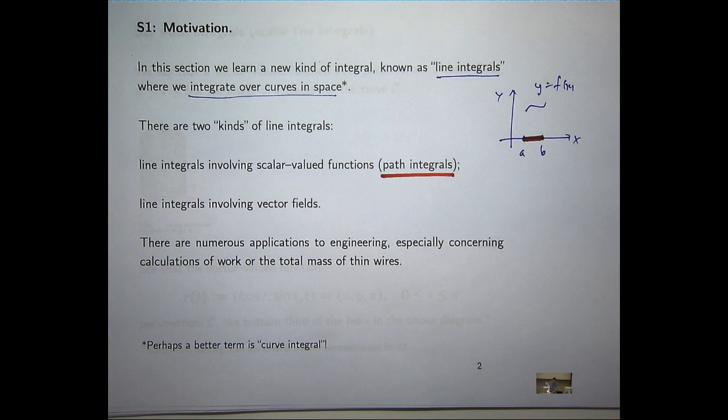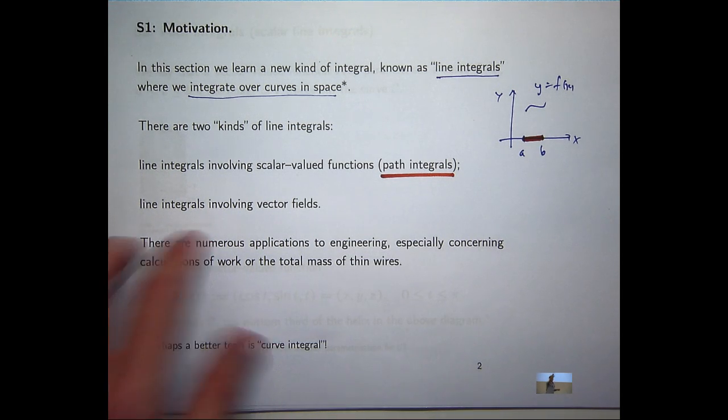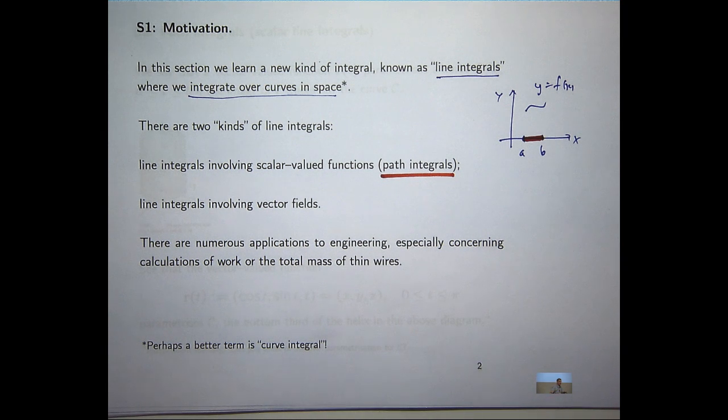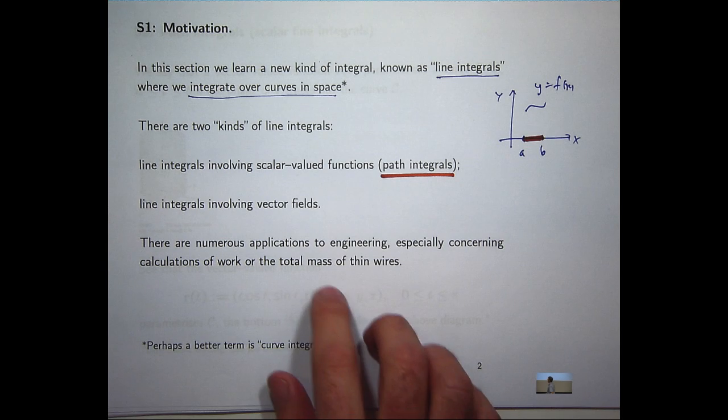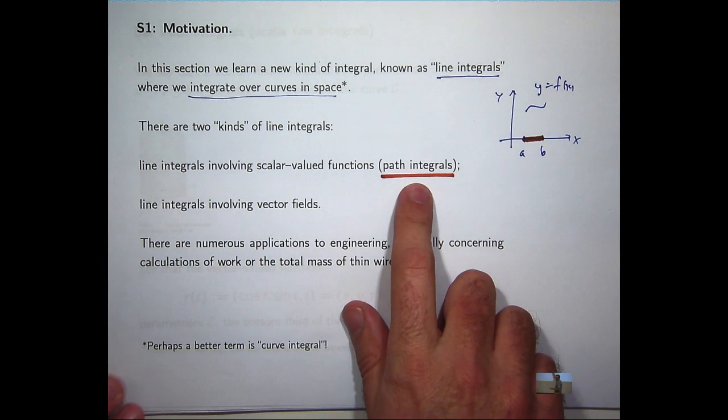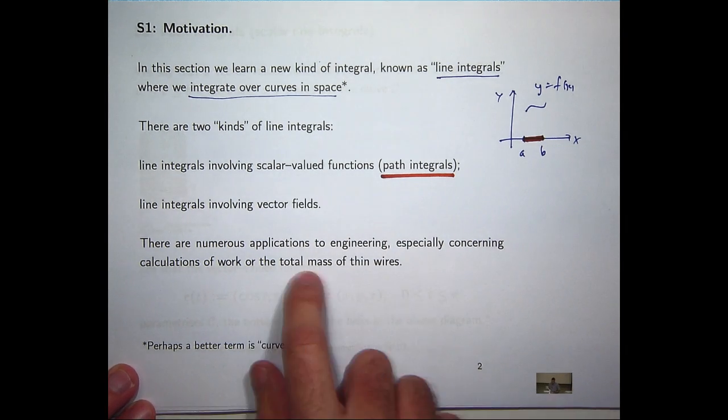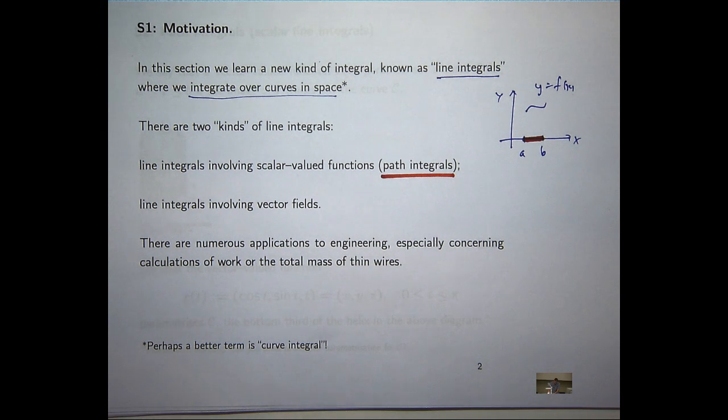The other kind of line integral is line integral involving vector fields. We'll talk about that in another lecture. Now, one important application of today's lecture with path integrals is calculating the total mass of a thin wire.